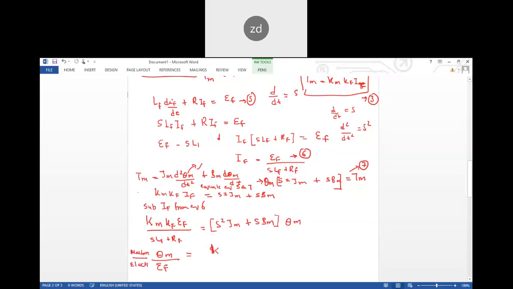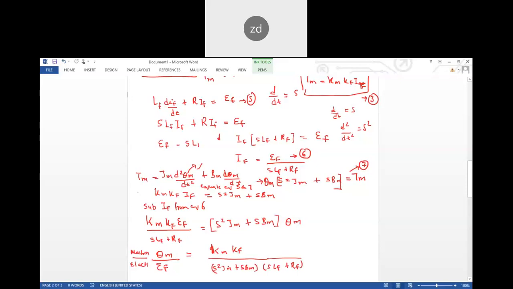It would be Km Kf, divided by, the Ef term is gone there, you're left with s square Jm plus s Bm, divided by s Lf plus Rf.